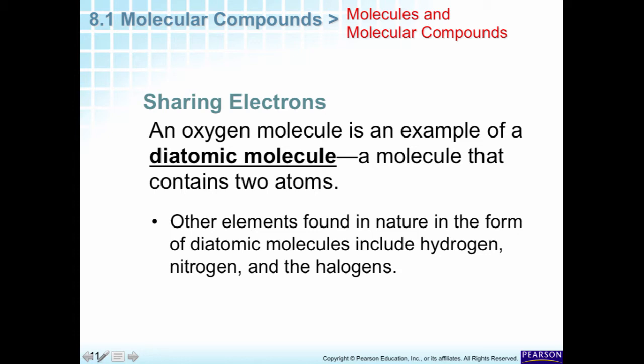Okay, there are several elements that are like oxygen. They'll form what's called a diatomic molecule. Di means two, so two atoms in the molecule. I'll give you a very easy way to remember this. There's two ways. One is called Brinkelhoff.